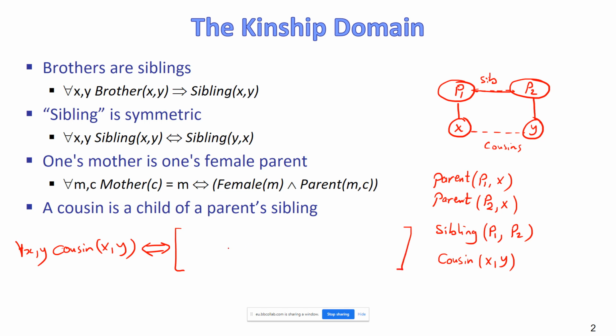What are the conditions, Mustafa? Okay, so what are P1 and P2? We have to define them, right? So we have to say they exist, P1 and P2. Because these are two different persons, I mean, two persons other than x and y. So there exist P1 and P2 such that what? What should we write here? They are siblings first. Okay, so we can say sibling P1, P2.